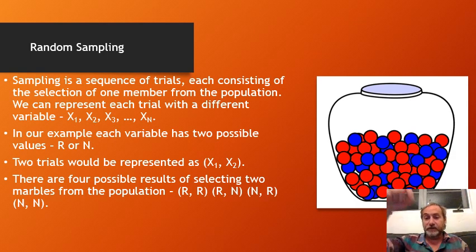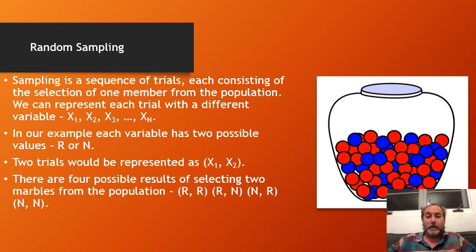Again, the trial is just picking an individual out of the jar. Each trial is a selection of one member from the population. So we can represent each trial with a different variable, call them x1, x2, x3 on to xn, depending on how many trials you do. In our example, each variable has two possible values, R for red and N for non-red.